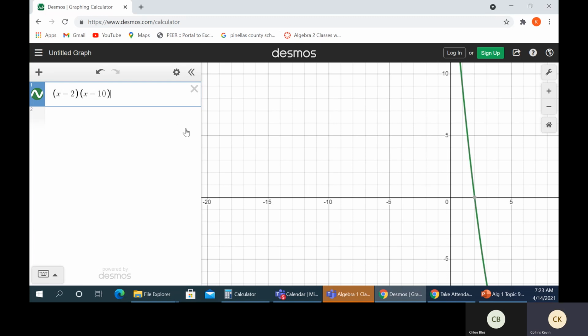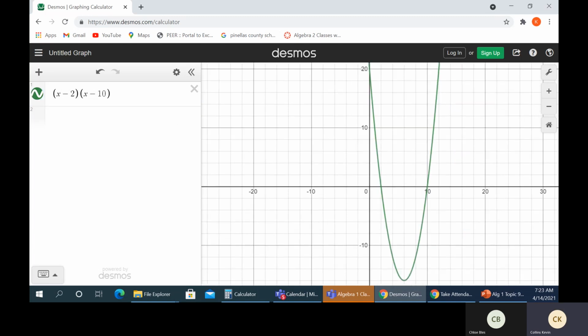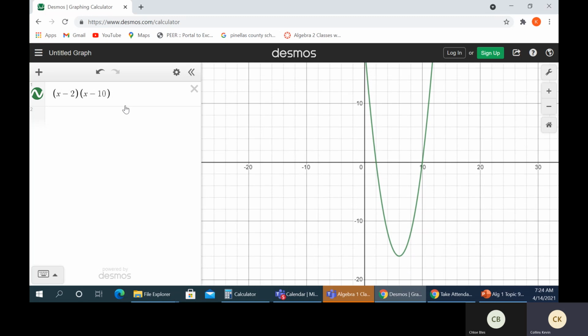There's our guy. All right, so let's move him in so that we can see a little bit. All right. So as predicted, we cross at 2, we cross at 10, and down here is 6, negative 16.